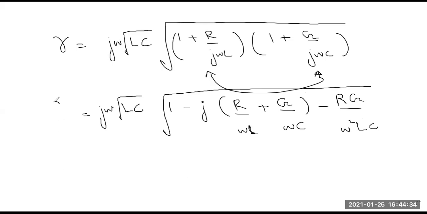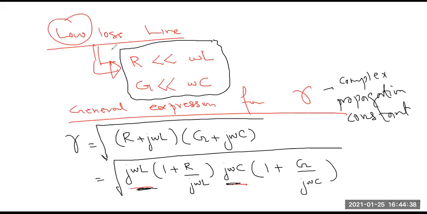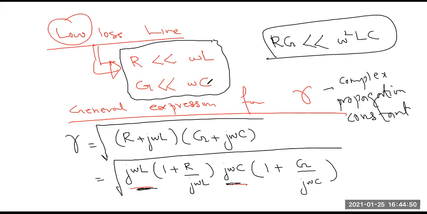Now at this stage, I'm going to make use of the condition: for a low loss line, R is very much less than omega L, and G is very much less than omega C. So if you multiply R and G, the product will be even smaller than omega square LC.